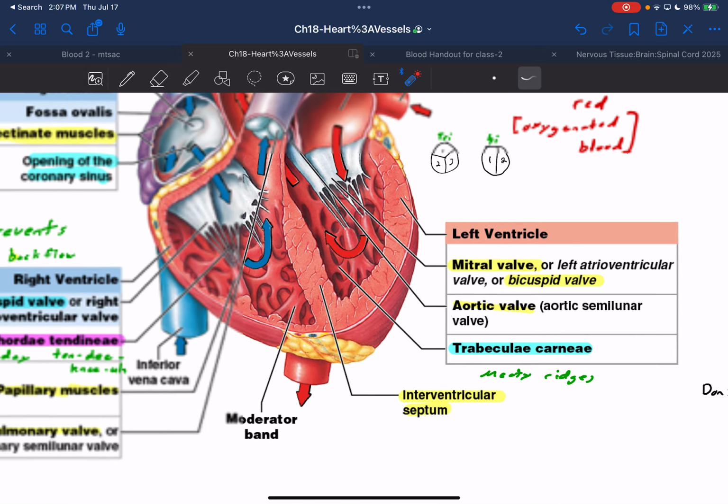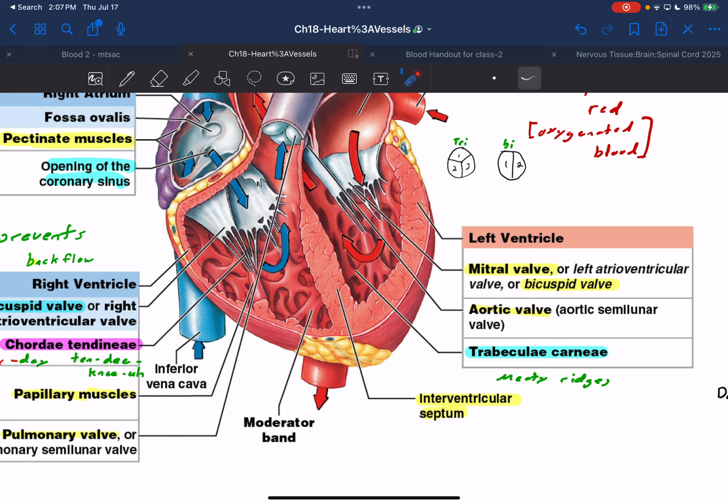Trabeculae carneae. This word means the shape, trabeculae, is kind of like this weird spiculed shape. Carneae means meaty. So this actually kind of means the meaty ridges in a way. Kind of hard to explain the translation, but it means meaty ridges is what we're going to keep. That's kind of what I have everybody learn it as.